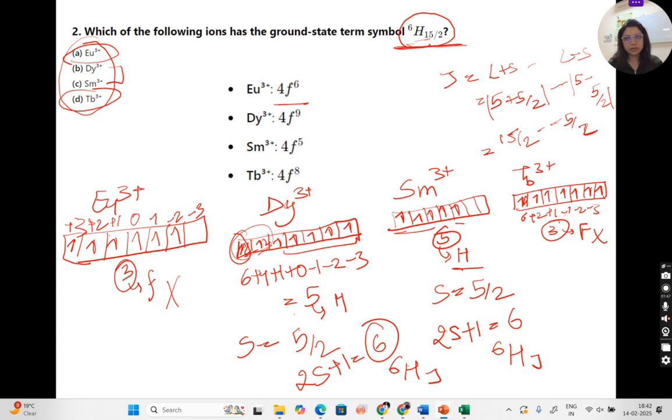Because Dy has 4f9, it is more than half filled, and Sm has 4f5, it is less than half filled.